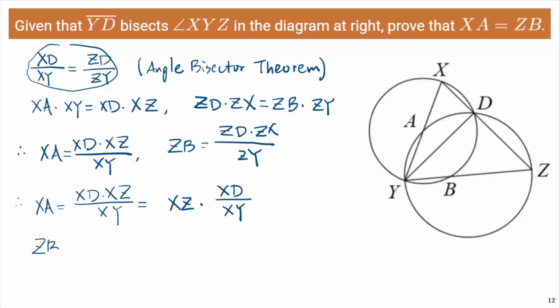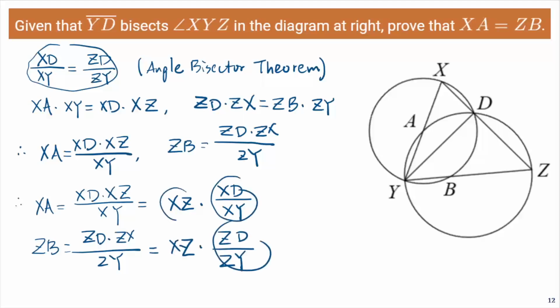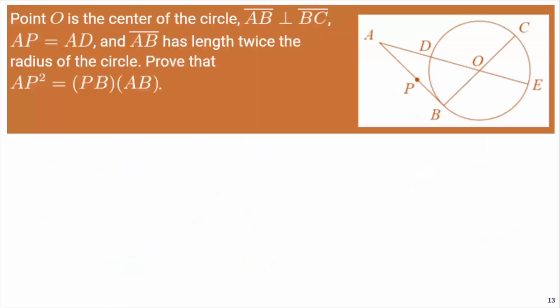And ZB equals ZD times ZX over ZY, which gives us XZ times ZD over ZY, right? So these two ratios are equal, and therefore XA equals ZB. This is how we can prove these two lengths are equal. Okay, any questions? Okay, good. If no questions, let's see another one.